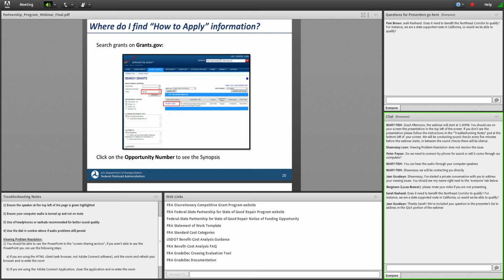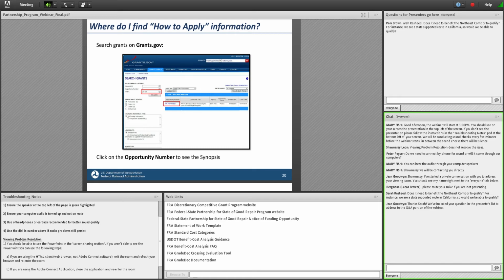So the first thing is, after you read the NOFO and you decide the eligibility criteria are those that you can meet with your project, as well as the applicant eligibility, you'll need to access grants.gov to apply electronically, as well as find other information about the grant opportunity.